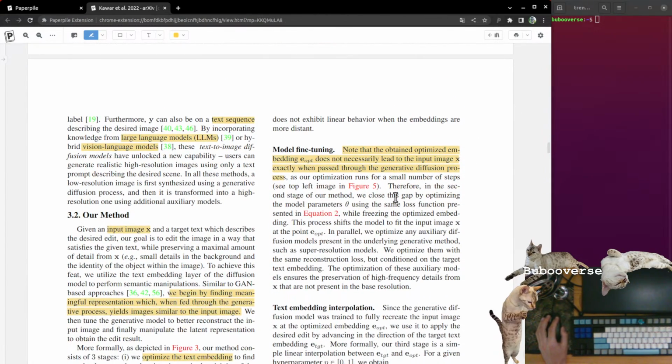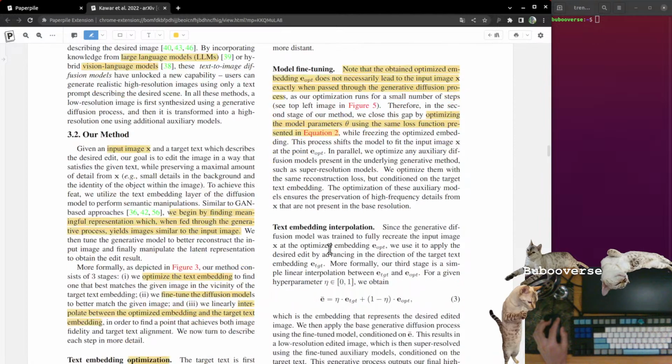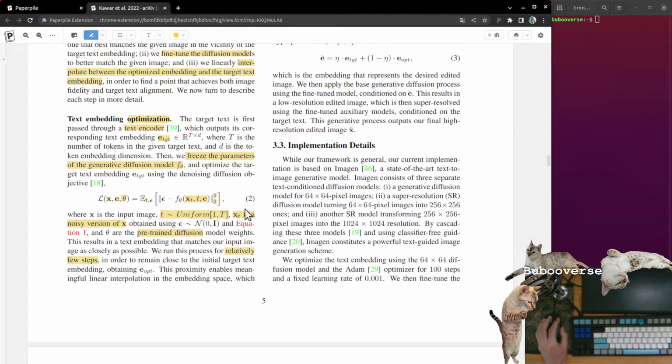Therefore, in the second stage of our method, we close this gap by optimizing the model parameters phi, or theta, using the same loss function presented in equation 2. Okay, so they're doing this kind of two-step optimization. This loss function is just kind of reconstruction, right? Trying to get rid of this noise that they add to the image.